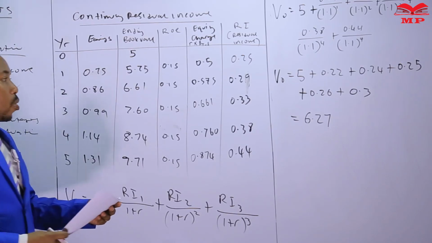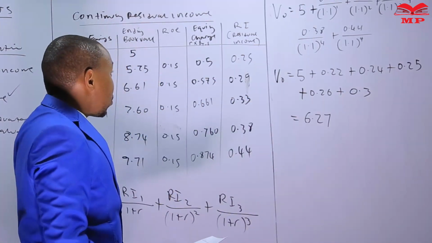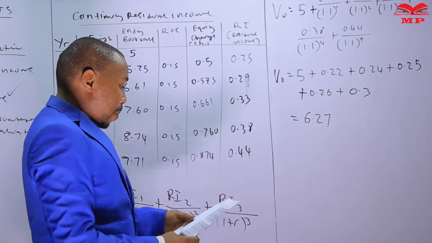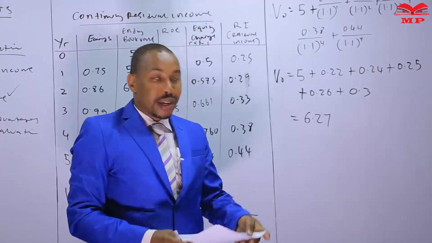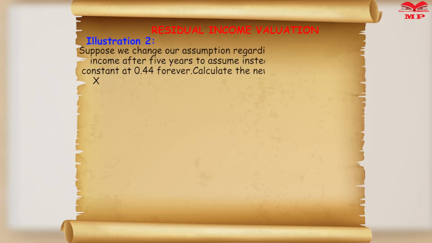Now we look at an example, still building on this concept over here. So this is a second example, but now we are still building on this. Suppose we change our assumption regarding X company, residual income after 5 years, to assume instead that it remains constant at 0.44 forever.